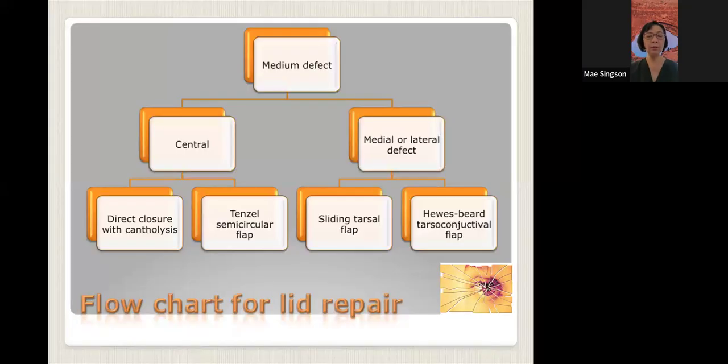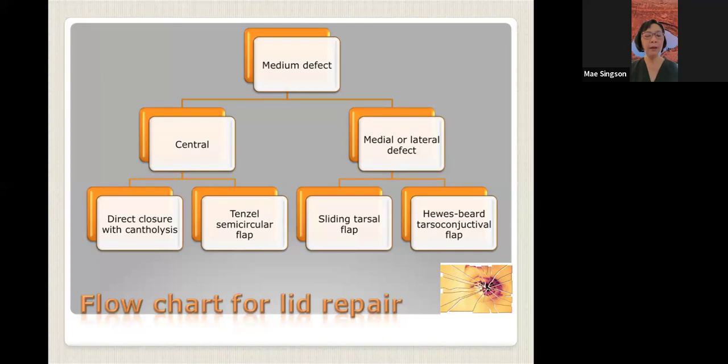So let us go to medium defects. Medium defects can be a little more challenging, especially if there is plenty of lost tissue and avulsed tissue. So again, you have to find out if your medium defect is central, medial, or lateral.